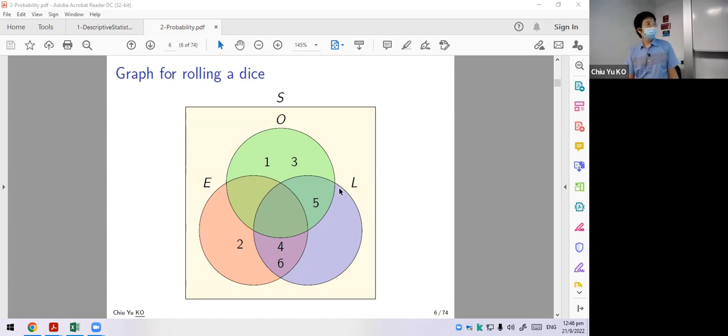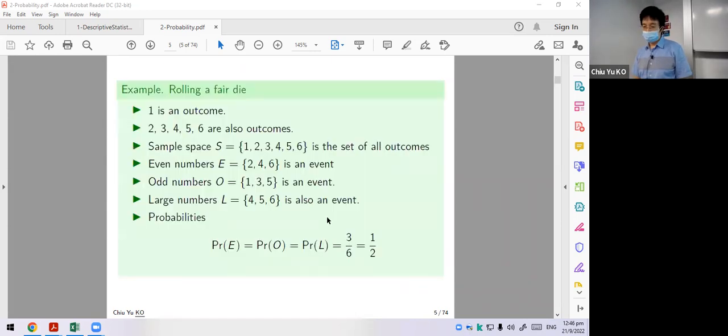So later, this diagram will be very useful when I talk about operations on sets. We will talk about intersection, complement, union. These are the things we'll talk about soon. But bear in mind this diagram will be very important to understand what's going on. Okay, but this is just an illustration of this.